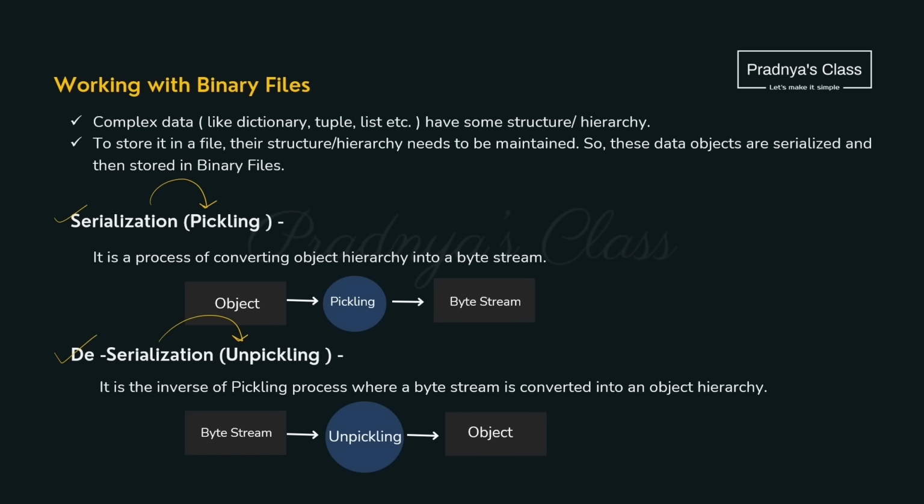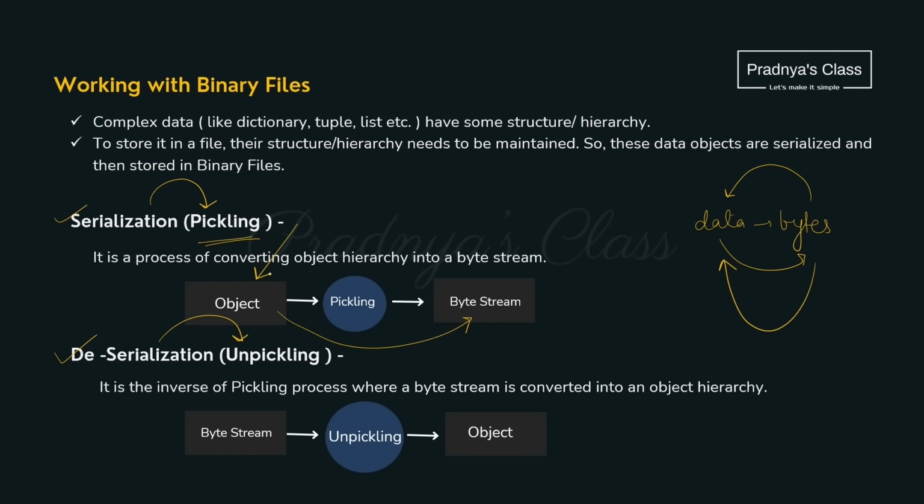But what is it? While storing, when we convert data to bytes, we need to maintain their structure. So when we get that data back, we will get the original structure. So this conversion of data to bytes and bytes to data has some specific name. The first term is pickling, which is nothing but converting the data to the byte stream.